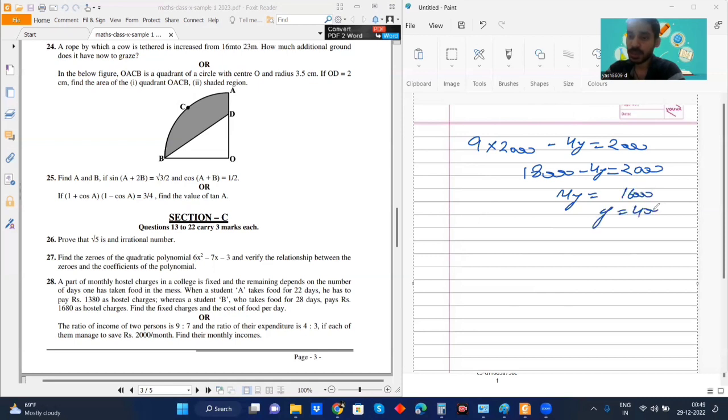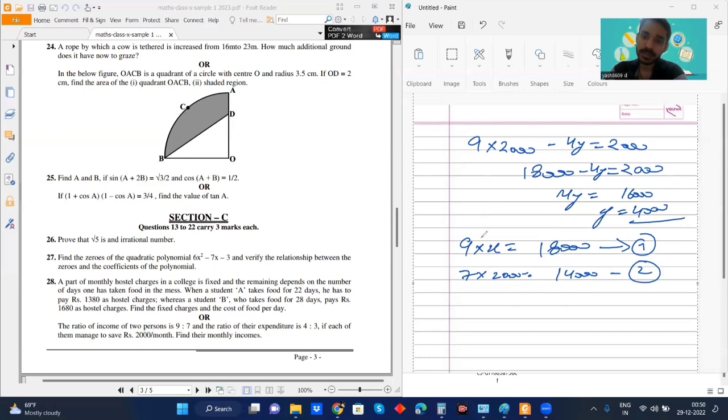So y equals 4,000. I need to find their monthly income. So 9 times x, which is 18,000, is the monthly income of the first person, and 7 times 2,000 equals 14,000 is the monthly income of second person. If they ask you expenditure also, you can put y and get the answer.